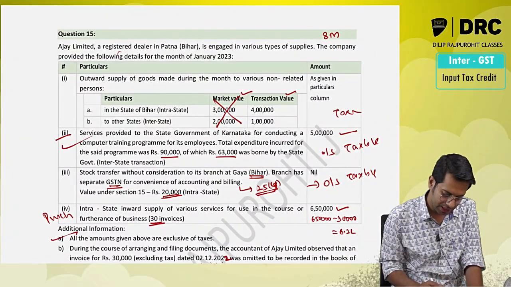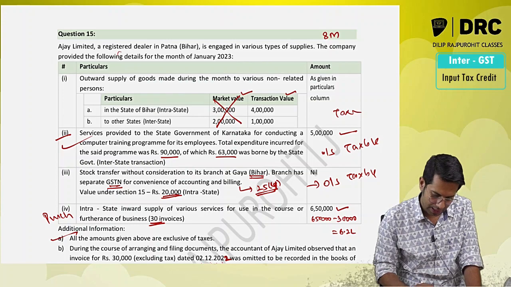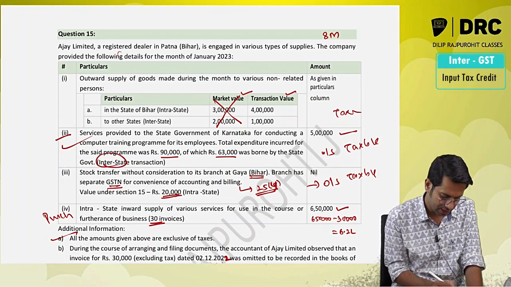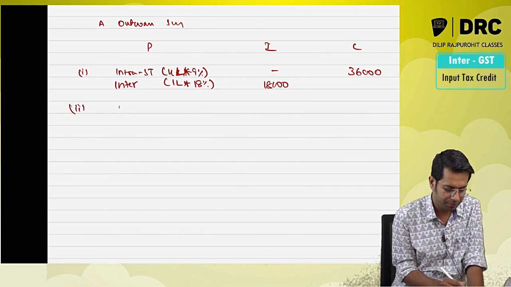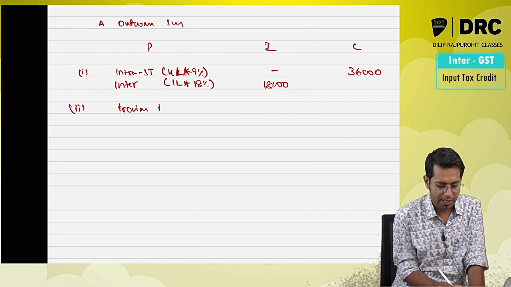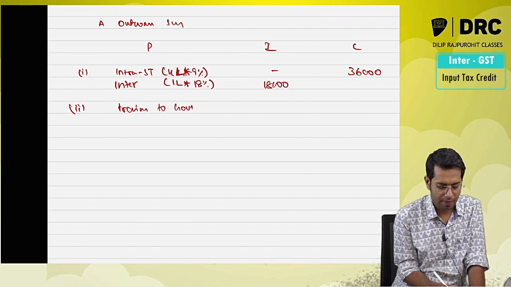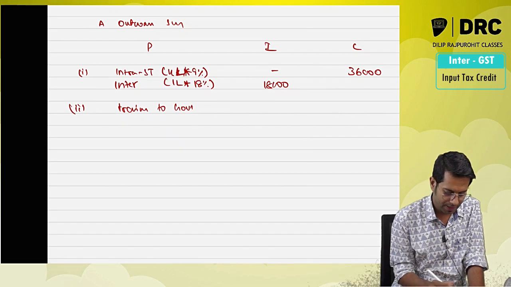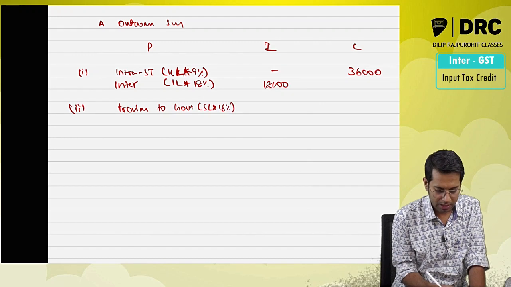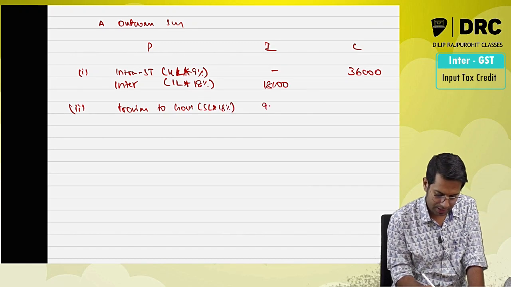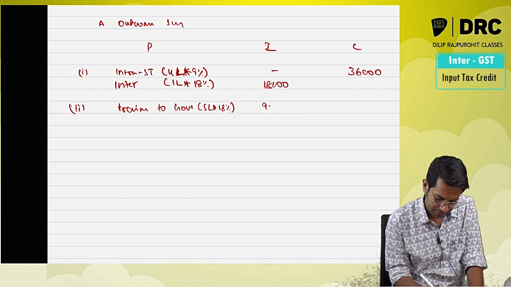Services given to government, it is taxable, 5 lakh rupees. Entire amount is taxable. This is services to other states, interstate supply. Training to government, interstate supply, how much is the value? 5 lakhs into 18%, 90,000 rupees.